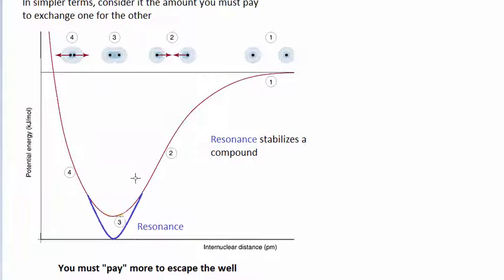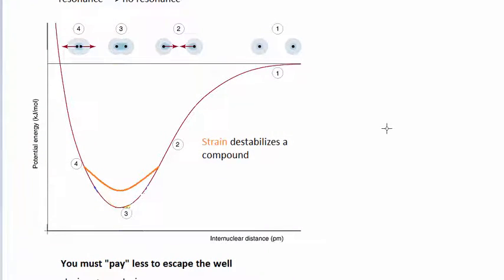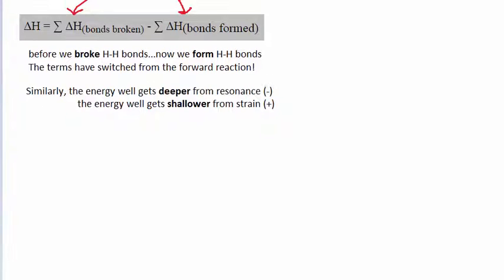So we're not paying to get out of this energy well, we're starting here and we're going in. So the resonance made our well deeper, so we went lower in energy, more negative, and the strain made our well shallower, so we went up in energy if we're coming down from the top of the well. So in this sign convention, when we're looking at the reverse, the resonance is going to be negative and the strain is going to be positive.